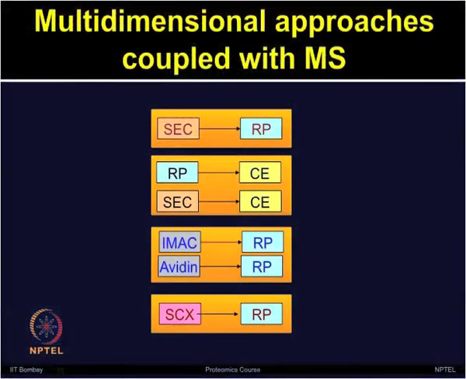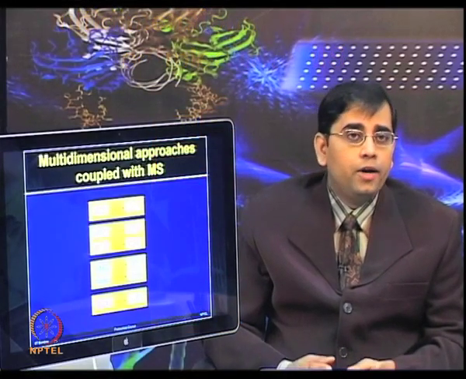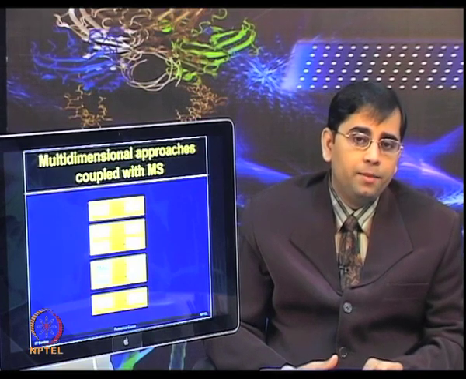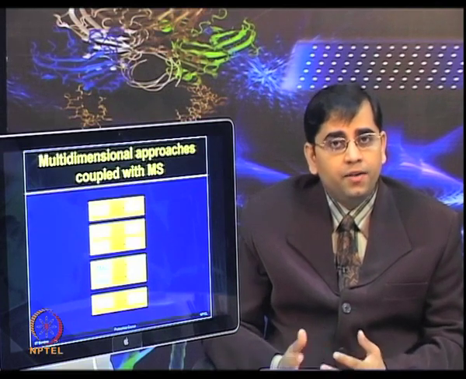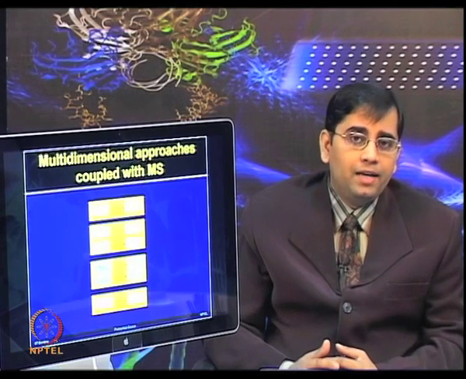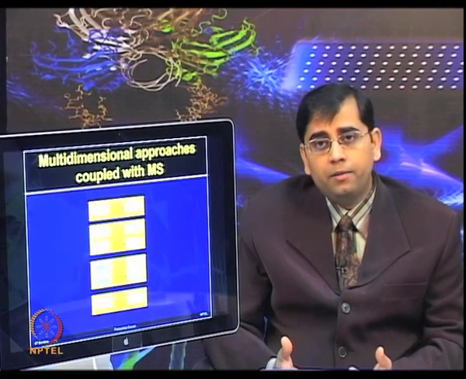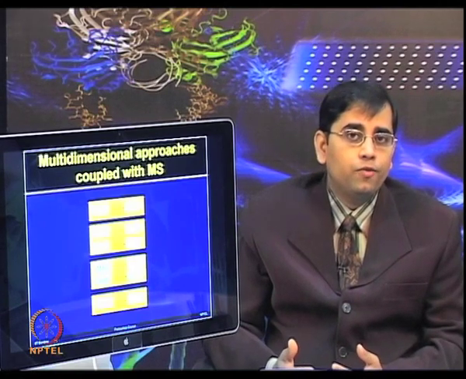A third combination, using affinity chromatography as the first separation followed by reverse phase, has been used, but what is most popular is strong cation exchange separation in the first dimension followed by reverse phase chromatography in the second dimension. That has given the best results for separating peptides.